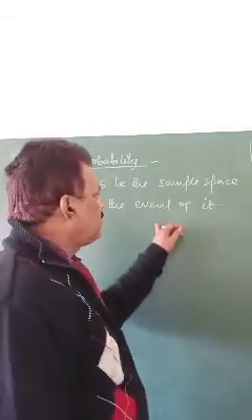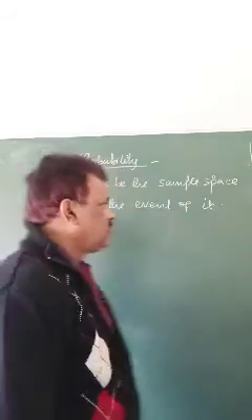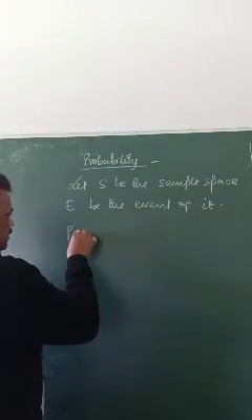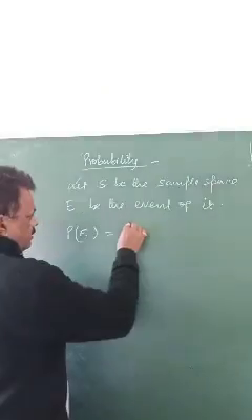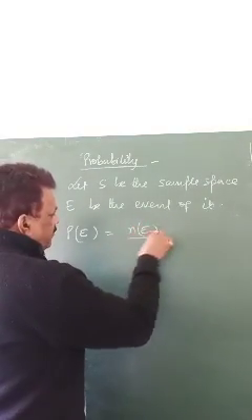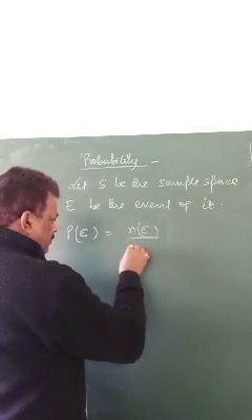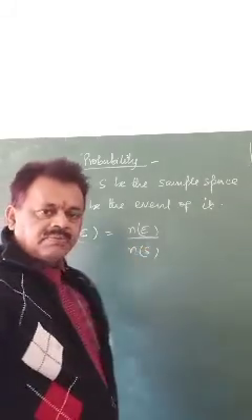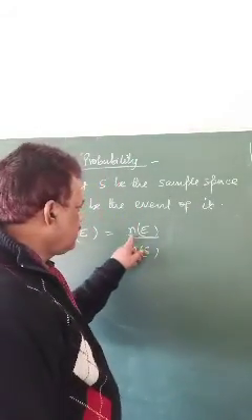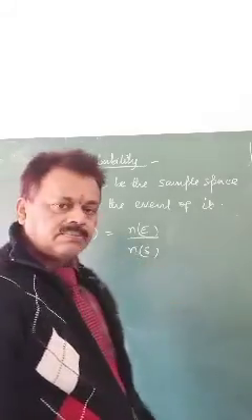Means what is required? That is a part of the sample space. So probability of E is number of E by number of S. Number of E means required outcomes in E, by total number of outcomes.